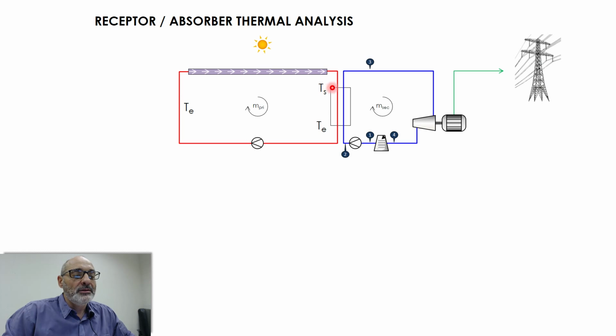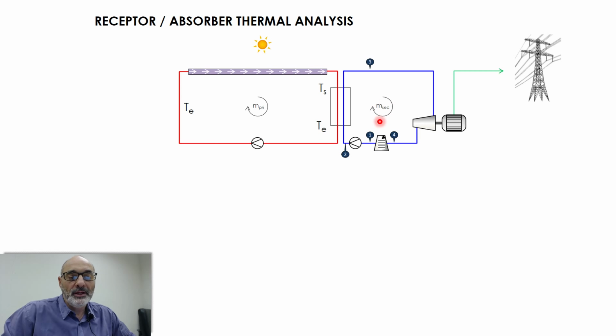Then it releases heat to the secondary, so it cools down to TE. So the primary cycle, the fluid is cycling here. It does only this. Of course, the actual system is a little bit more complex than this, but for our analysis here, this is okay. So the primary is simply like this, from TE to TS, then to TE again. It's going to be cycling like this.